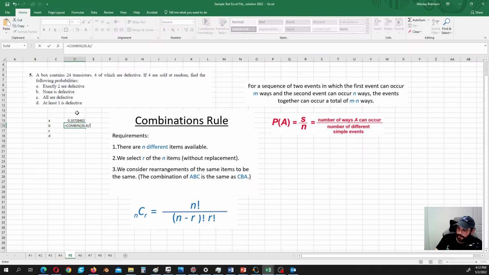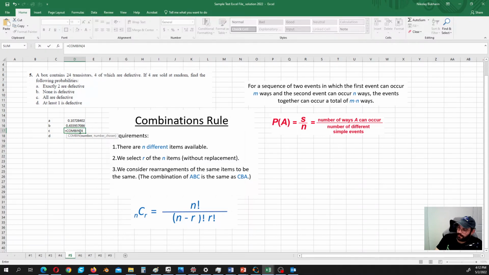And again, we divide by number of different simple events, so which is selection of 4 transistors out of 24. Okay, around 45.6%.